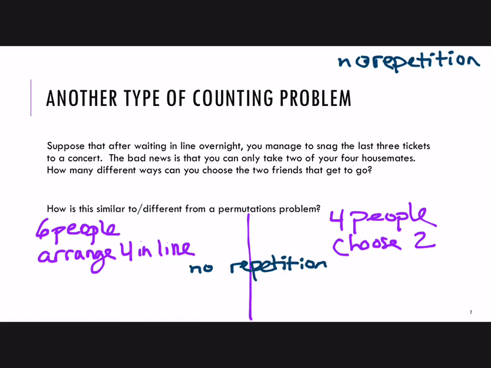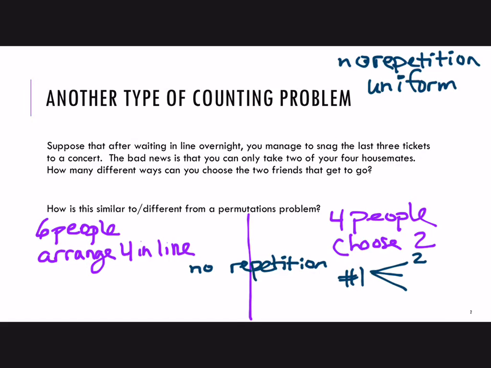Another requirement for permutations problems was that they be uniform, meaning each choice should have no effect on the next choice. So if we think about this problem, let's say you choose person number 1 for the first ticket. Well then how many people do you have left for the second ticket? You have 3.